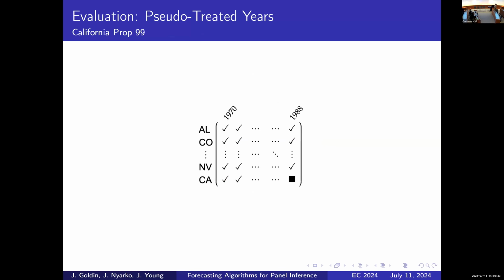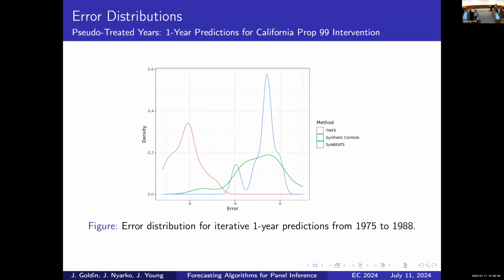The other exercise we can do is pseudo-treated years. What we can do here is take California only and block out 1988, then 1987, 86, et cetera, going backwards in time. This is what the error distribution looks like. These are iterative 1 year predictions from 1975 to 1988.